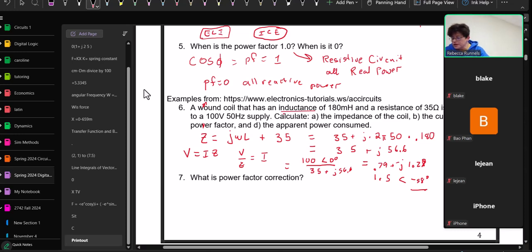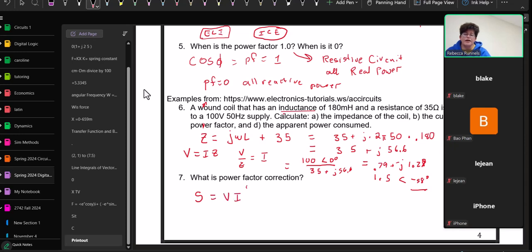Okay, and then the apparent power consumed. We can do this in different ways. I think the easiest way, since we have everything here, is to say that the power equals V times I conjugate. The V is just 100, and I conjugate would be 1.5 angle positive 58 degrees.